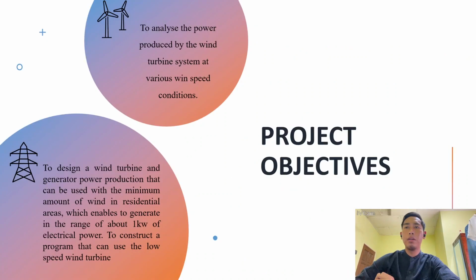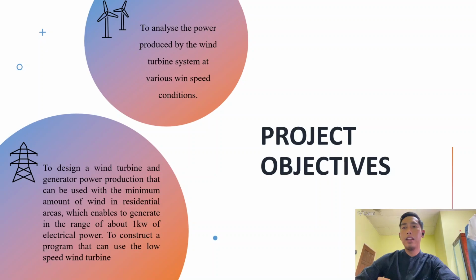The project objective is, firstly, to design a wind turbine and generator for power production that can be used with the minimum amount of wind in our housing area, enabling it to generate electricity.